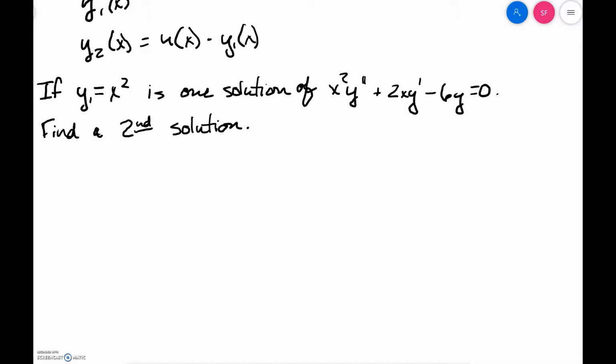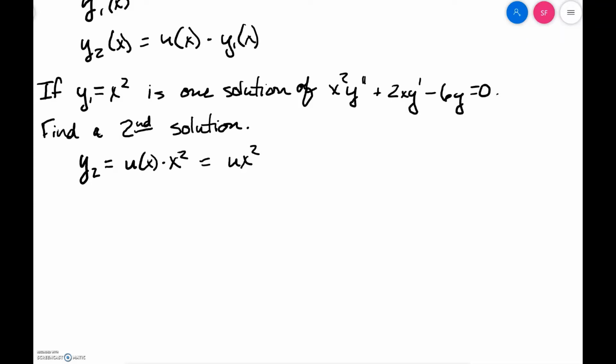So okay, we have this one solution that they've given us, and so when we've said up here that the second solution is going to be some function of x times that first solution. So my second solution is going to be some function of x times x squared, or to kind of simplify it out, because we're going to have a lot going on, u x squared.